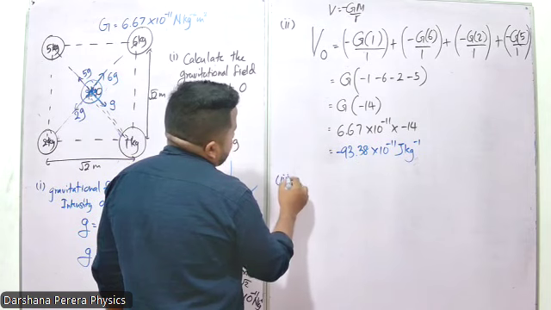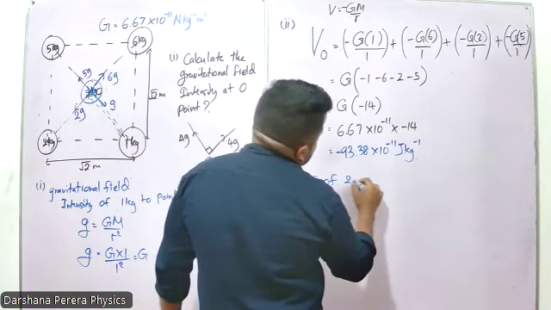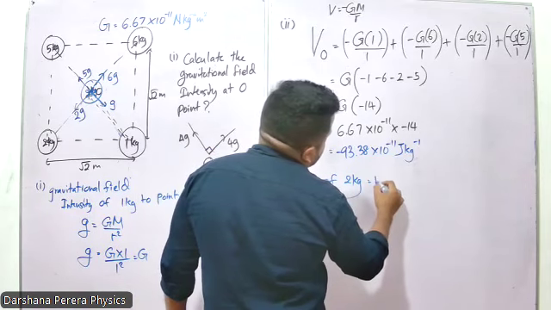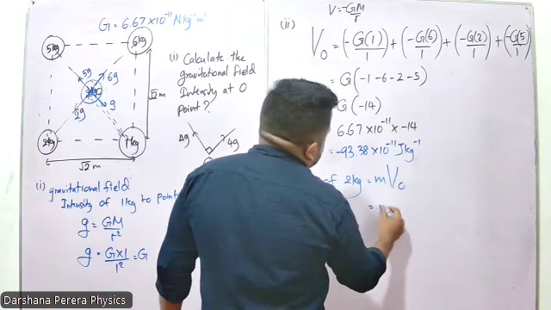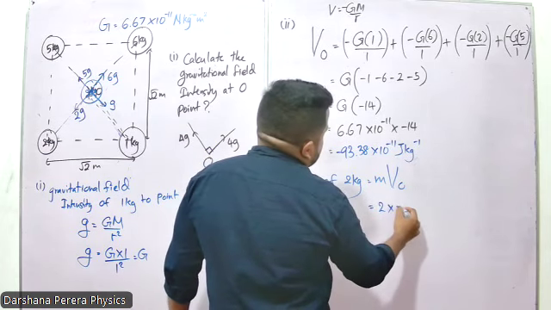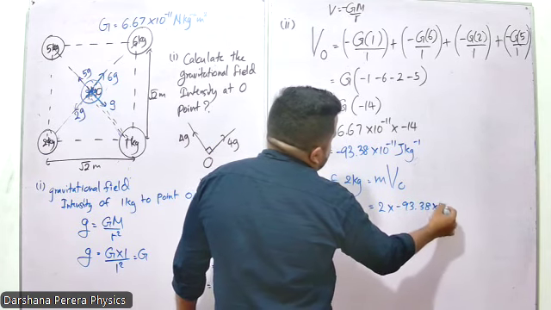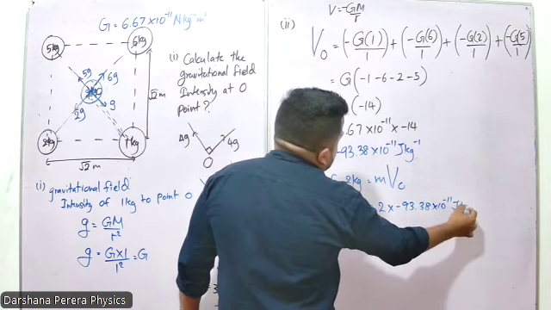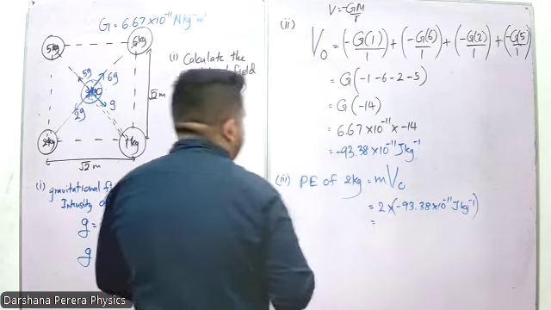Therefore, potential energy of 2 kilogram equals mass into the potential. Mass means 2, potential 93.38 into 10 to the power minus 11 joule kg minus 1. So this is the answer.